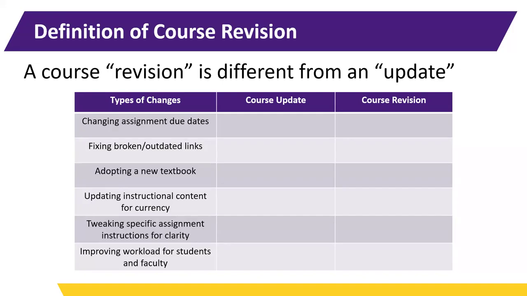You might be more familiar with course updates, which are just little minor changes to content or tweaks, like maybe changing links, as you're teaching the courses, or immediately after you teach a course. You might want to make some tweaks here and there. These can be done while the course is being taught.